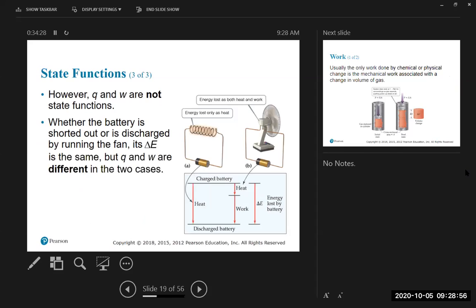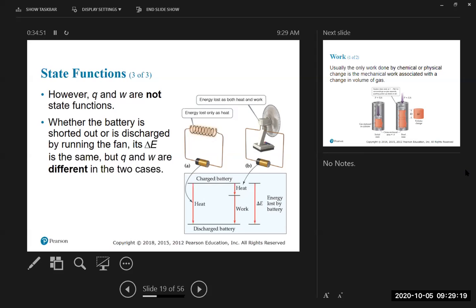So we said that delta E is a state function, but the things that make up the energy, the heat and the work, those aren't state functions. And here's an example of that. On the left, A, you have a battery, and then you have a little heating coil that the battery is going to power.